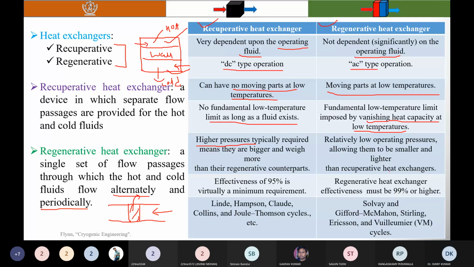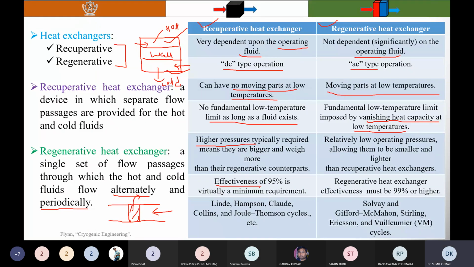Okay. Here the effectiveness. What is the effectiveness? Effectiveness is the ratio of the actual heat transfer to the maximum possible energy transferred. Okay. So in the case of the recuperative heat exchanger, we need an effectiveness of more than 95%. Otherwise, you are not able to get the liquid yield.